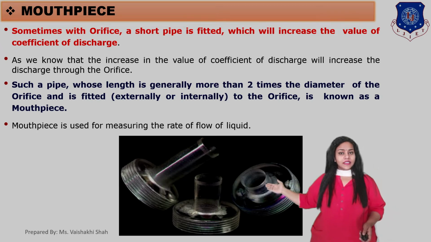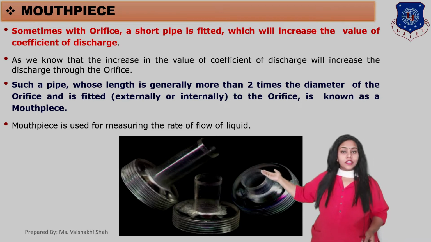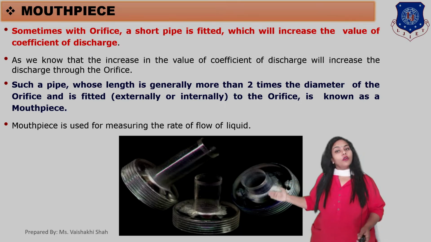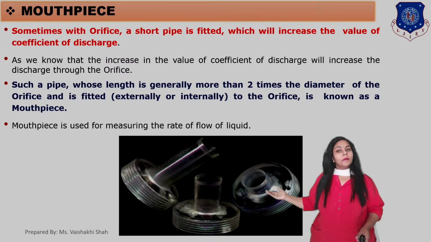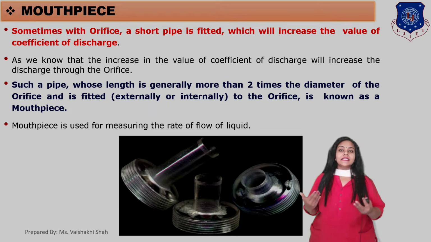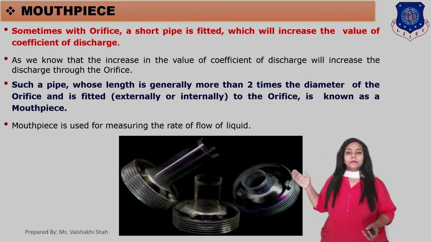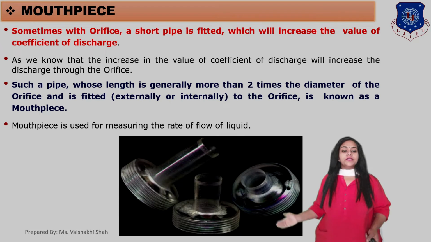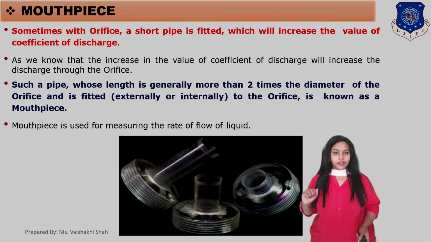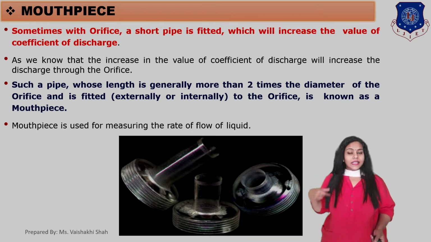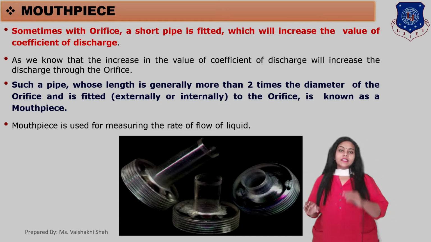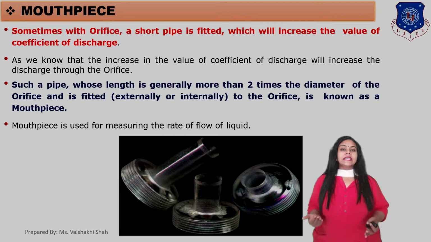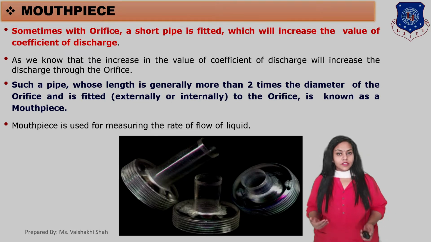As you can see here, there are small pipes fitted with the orifice, and this small length pipe is called a mouthpiece. Generally it is placed with the orifice to increase the amount of discharge, and the mouthpiece is used to measure the flow of the liquid. Clear? So again, in simple words, a mouthpiece is a short length pipe which is connected with an orifice to increase the amount of discharge. Okay.